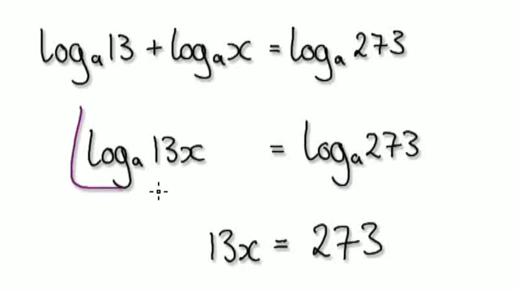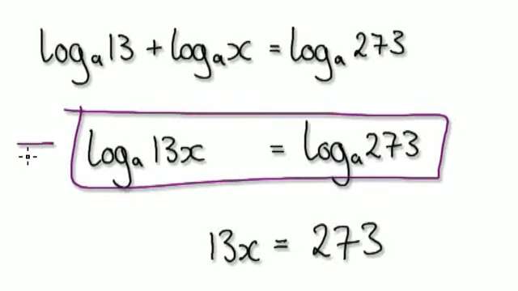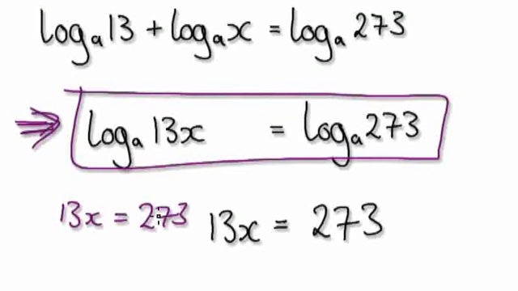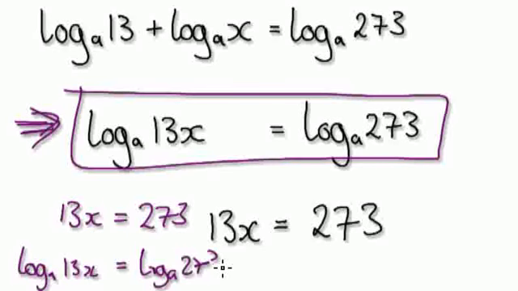Let me explain it one more time. When you are here, you could argue that when given this, you can log base a equally to both sides. That will then give you log base a of 13x equals log base a of 273.